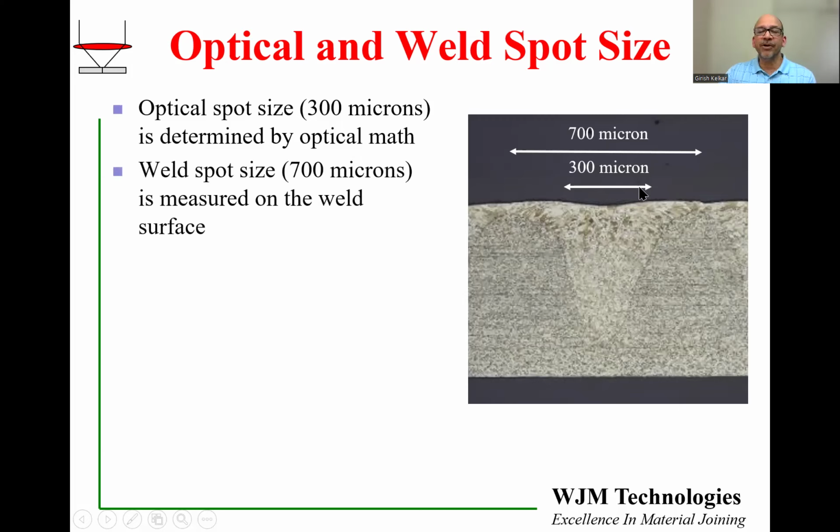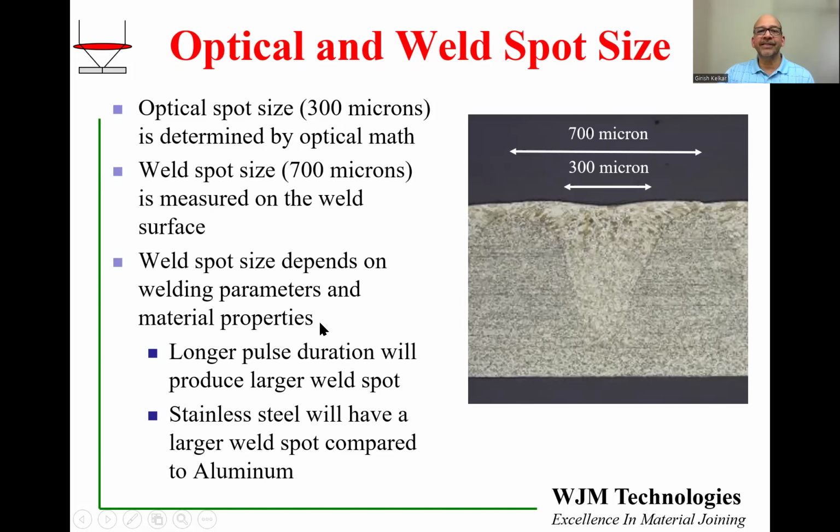The optical spot size is a calculated number that doesn't change as long as you don't change the optics. But the welding spot size can depend on the welding parameters as well as the metallurgy.